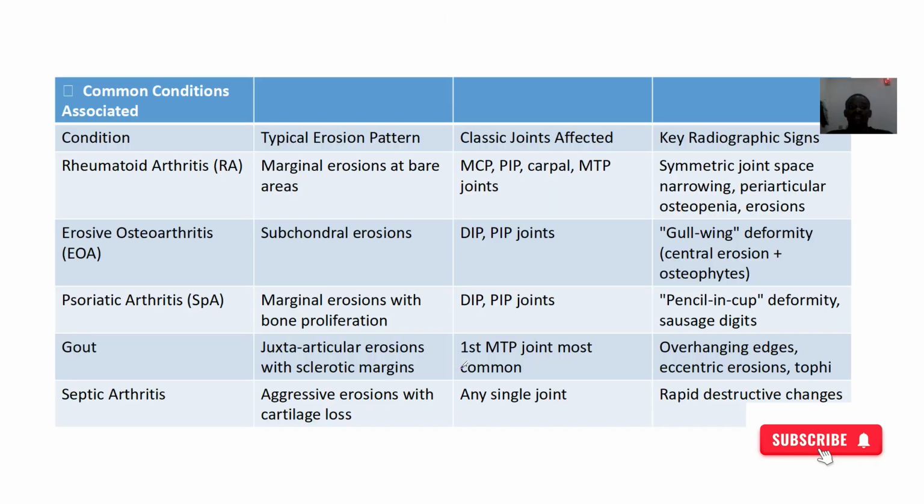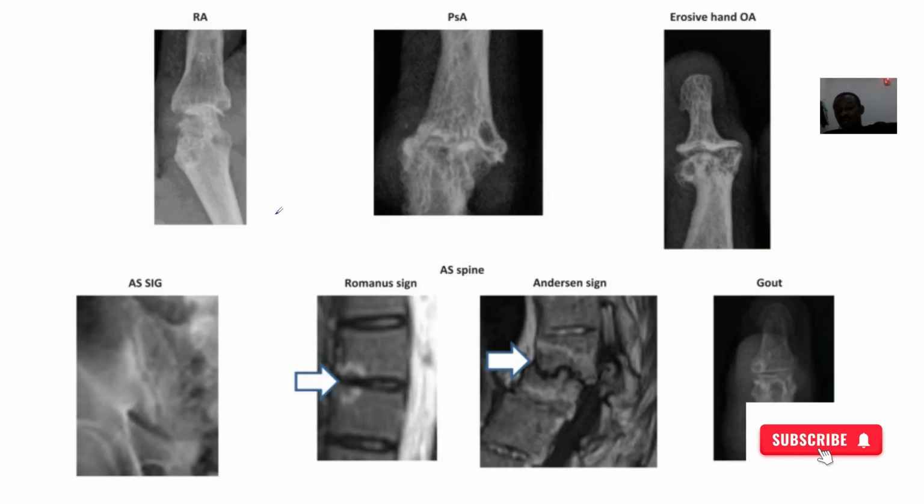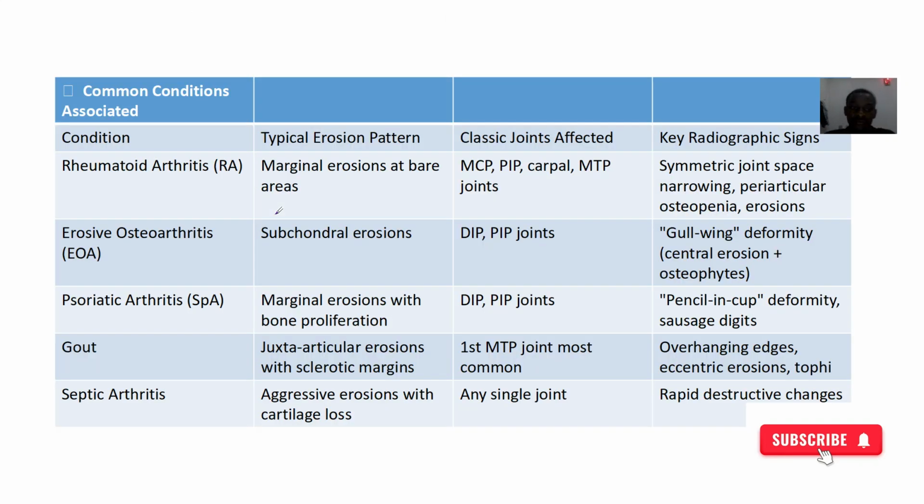Okay. So common conditions that could actually cause all these erosive periarticular erosions: rheumatoid arthritis, erosive osteoarthritis, psoriatic arthritis, gout, septic arthritis. All right.